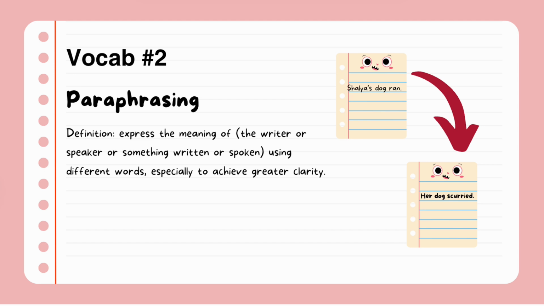Paraphrasing maybe is when we take a quote from a book and we kind of change it up a little bit so it's our own words. As you can see here in this example, the first example would be Shayla's dog ran. If we wanted to take that and put it into our own words, you could say her dog scurried. So that's kind of paraphrasing, is taking something and making it your own words.